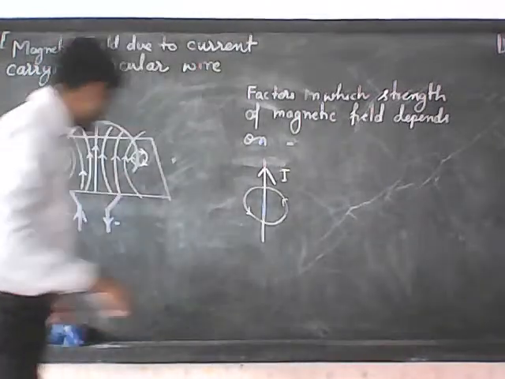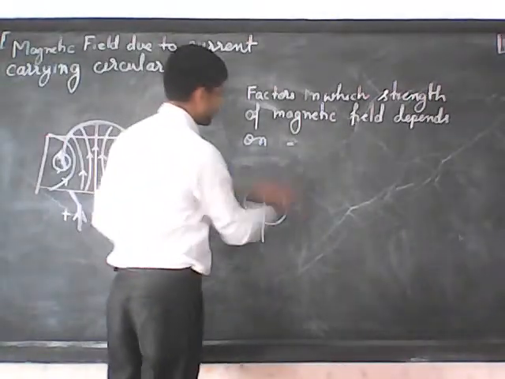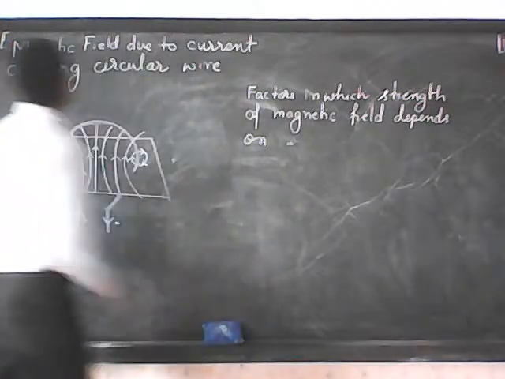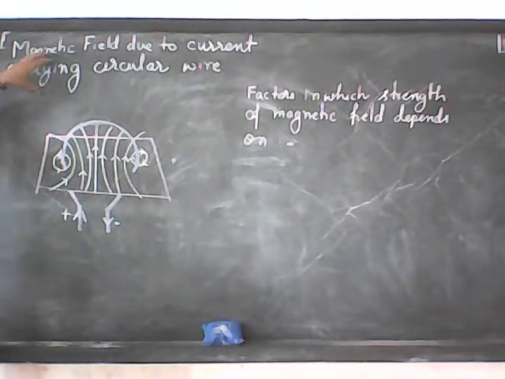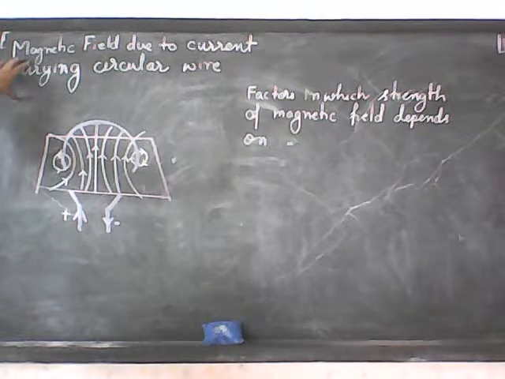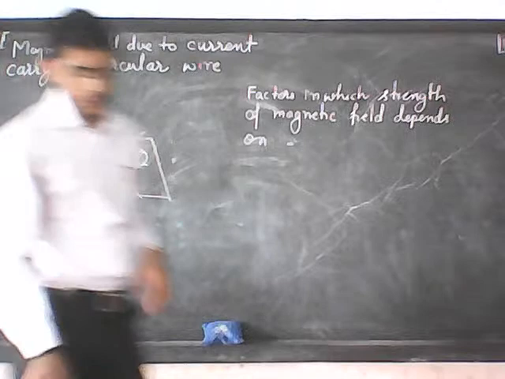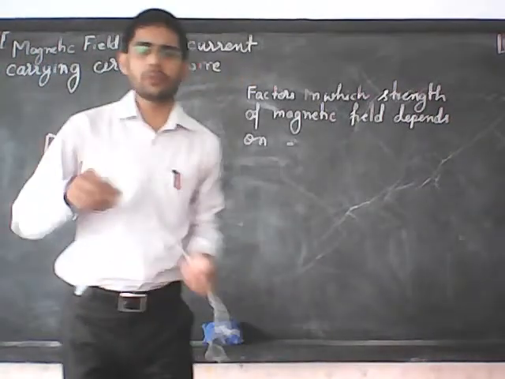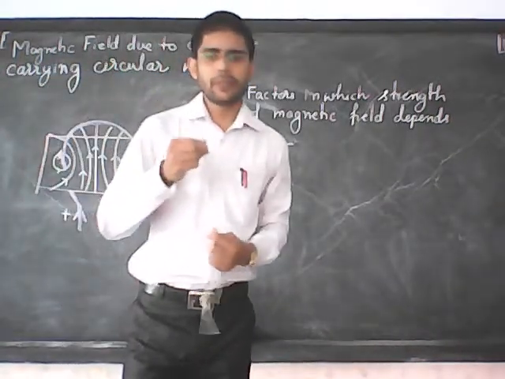So this we already observed. Now in today's session, we will try to know the magnetic field due to the current carrying circular wire. Students, it is simple to understand in terms of the straight conducting wire.